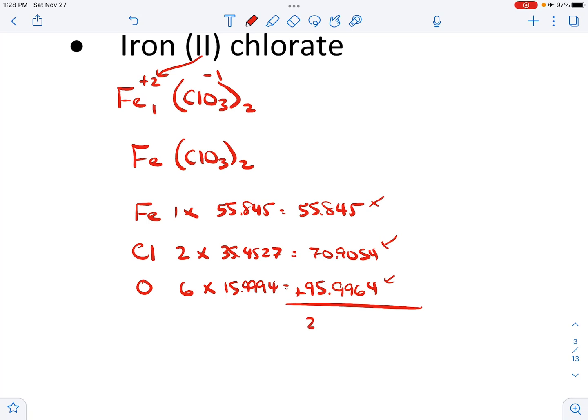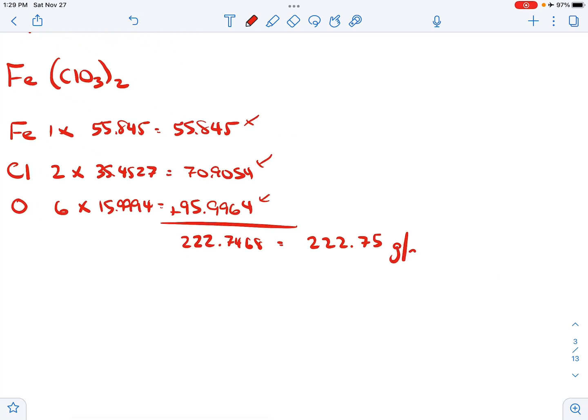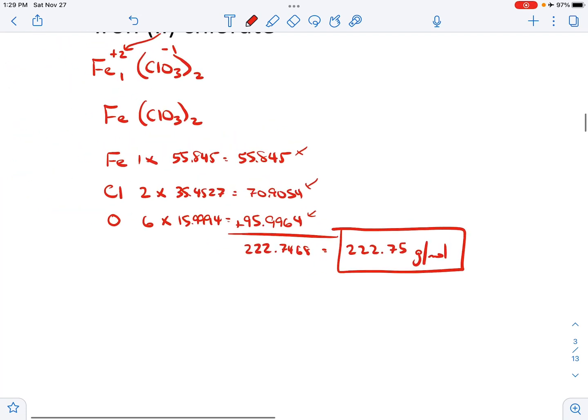And we should get, add it all up, 222.7468. And then if we keep our 2 decimals, 222.75, and that's going to be labeled grams per mole. So molar mass is fairly simple as long as you know how to write formulas. Okay, awesome. See you next time.